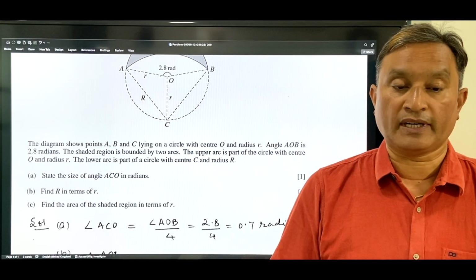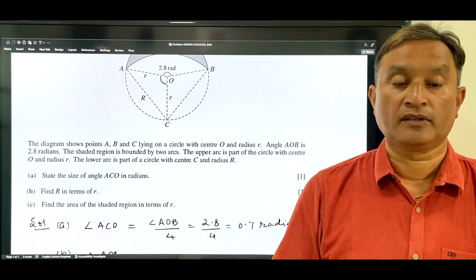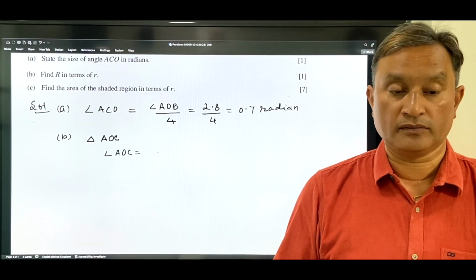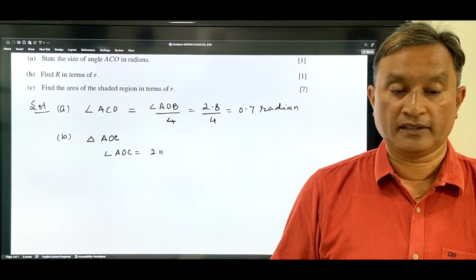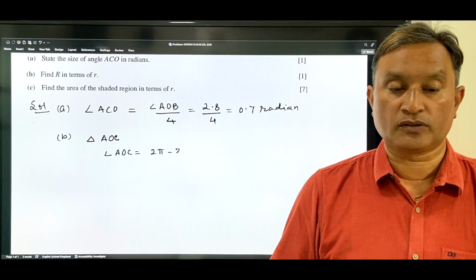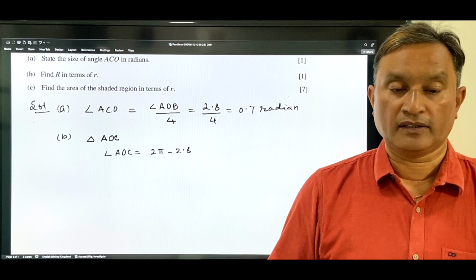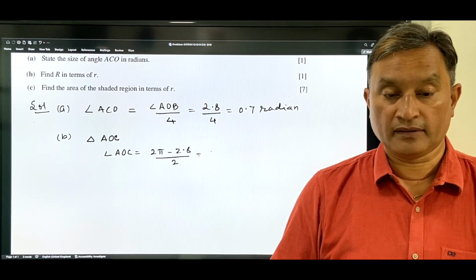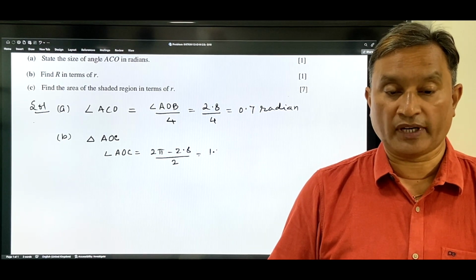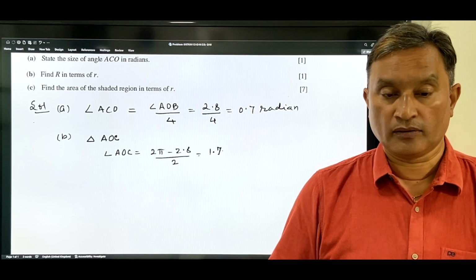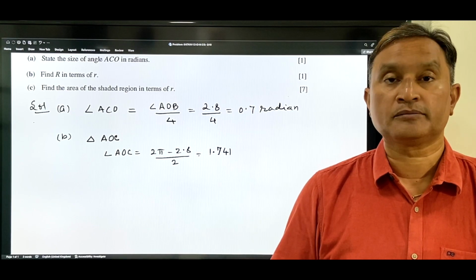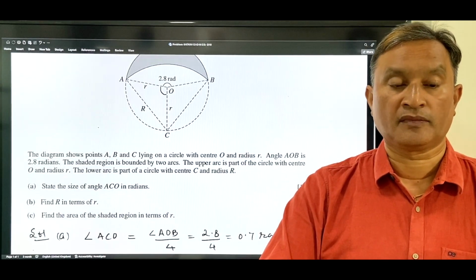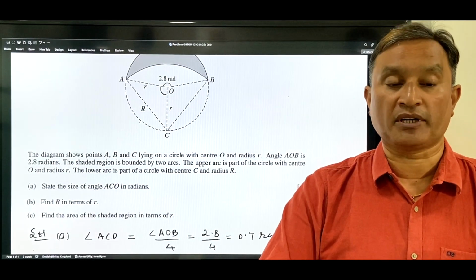First of all, we will find out this angle. So angle AOC equals (2 pi minus 2.8) divided by 2. The answer would be 1.741.